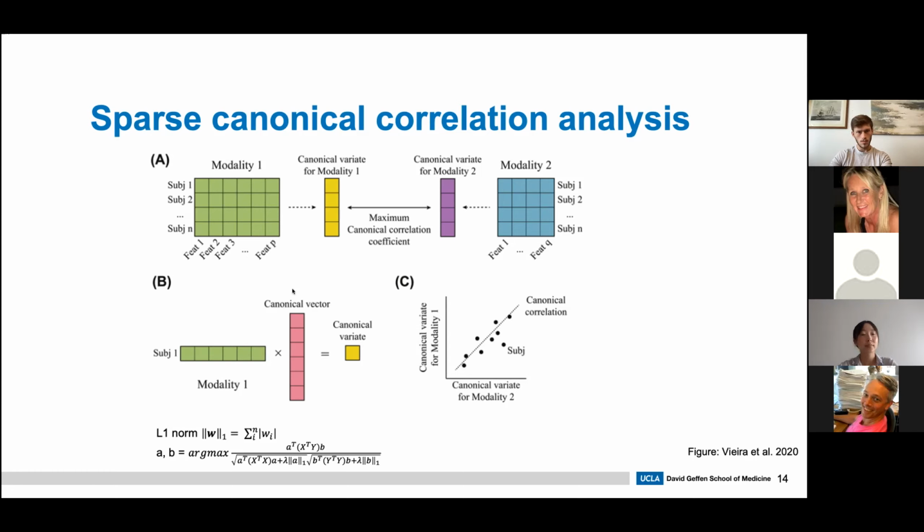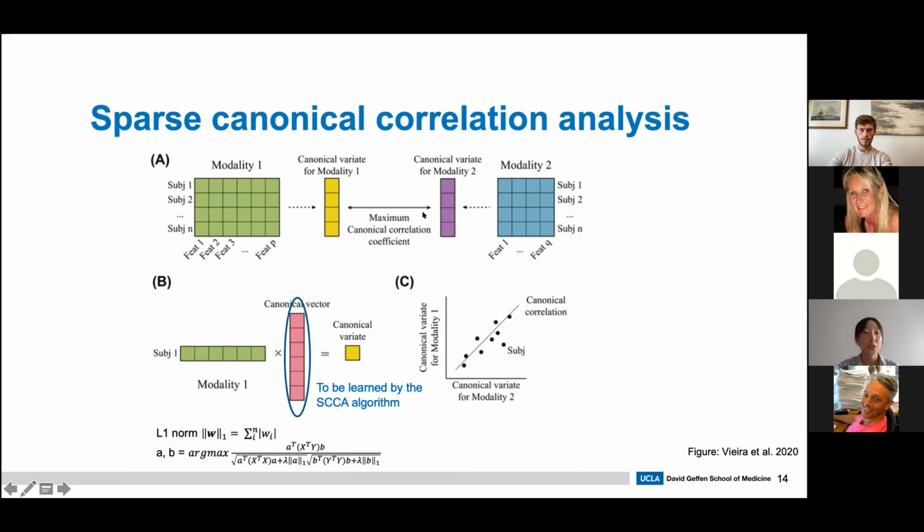Each canonical component value is calculated by taking a dot product between the sample features and the canonical weights, and those weights are learned by the algorithm. Here we applied a regularization term to the weights so that the model won't overfit.